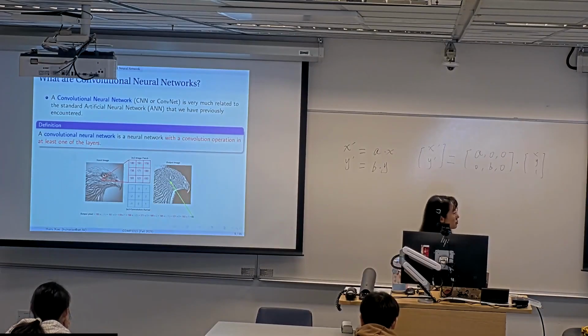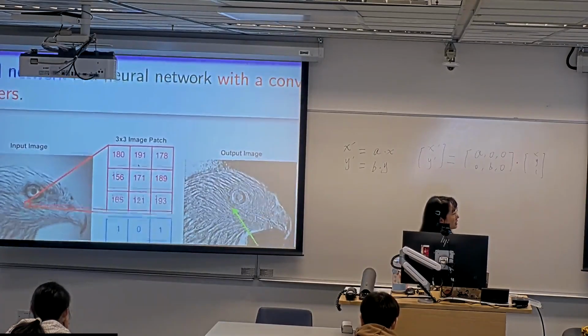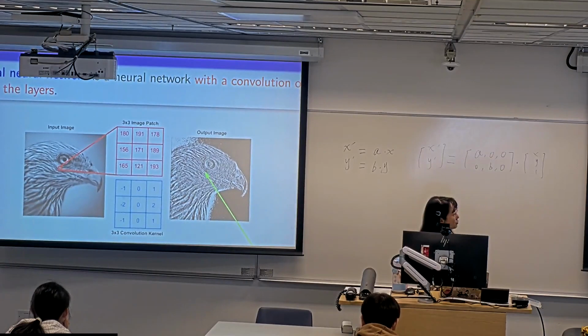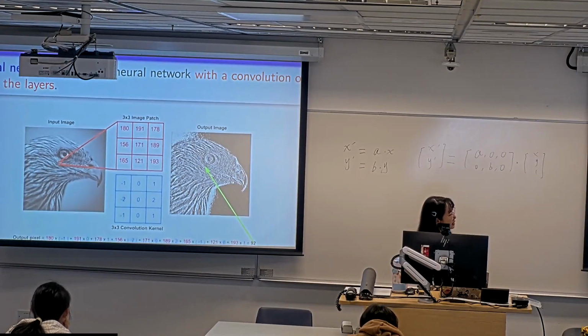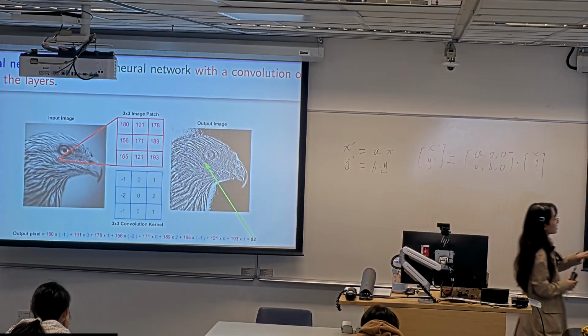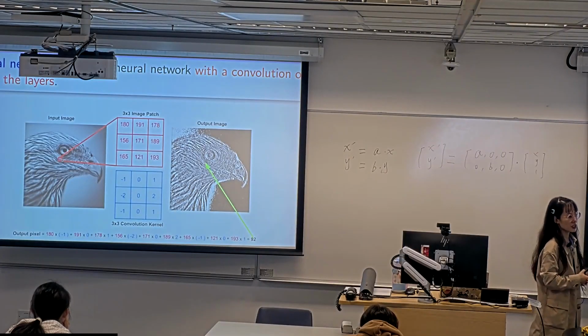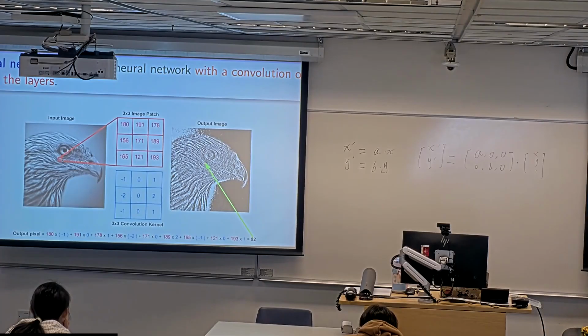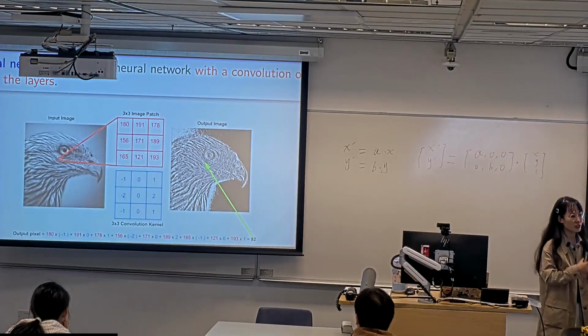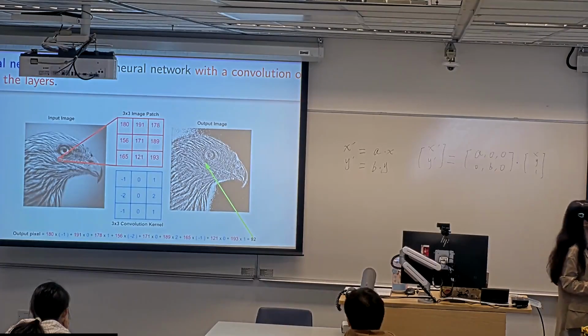And the convolution operation is exactly what we learned in the last class, image convolution. I hope you still remember. Here, if we have an interested pixel, then we do the image convolution by referring to the kernel. This is a convolutional kernel, 3 by 3. The kernel is 3 by 3, so we must find the 3 by 3 neighborhood of the interested pixel.